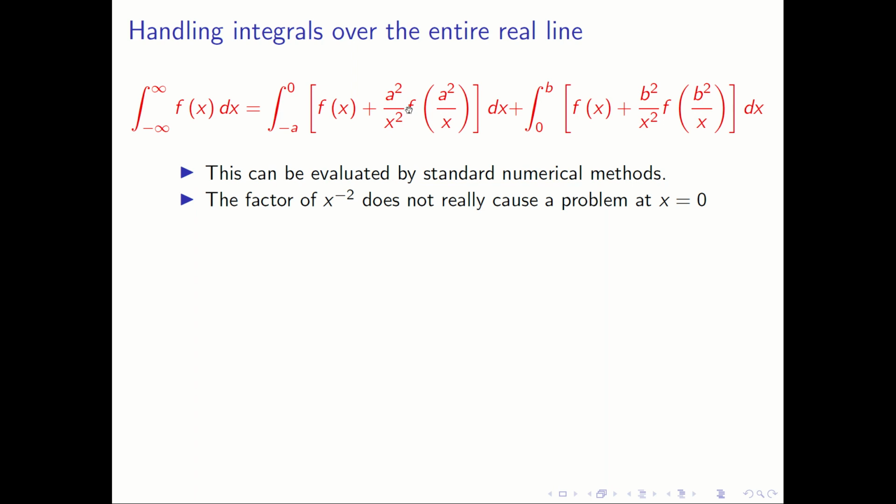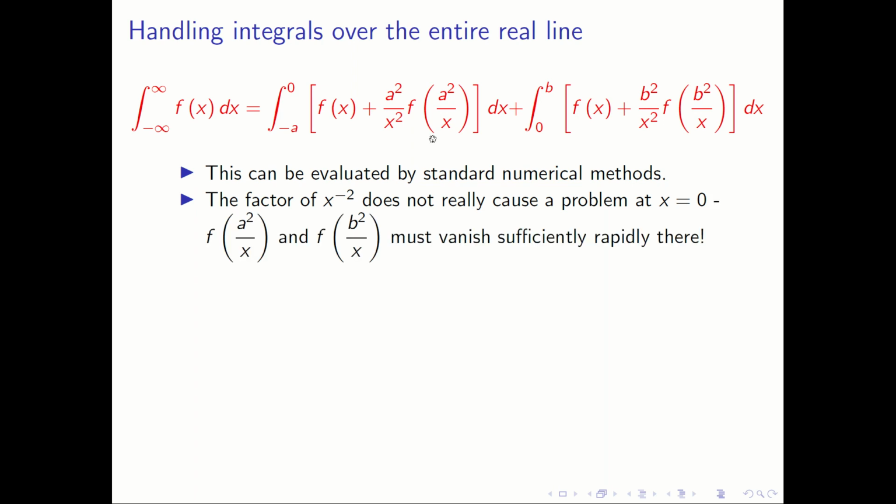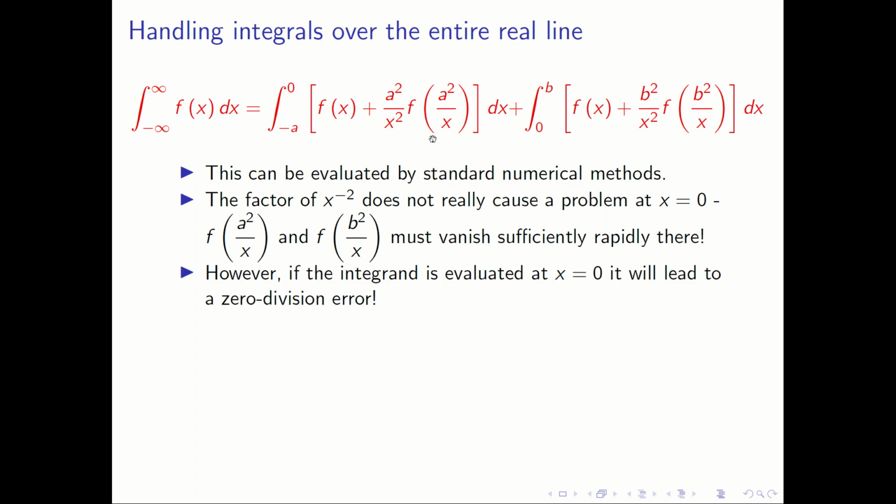However, if you are using a numerical method, you have to be very careful, because you will end up with a result like f of a square by 0 times a square by 0 square, whichever is calculated first, and the computer is definitely going to complain about a division by 0. So if the integrand is evaluated at x equal to 0, it will lead to a 0 division error.